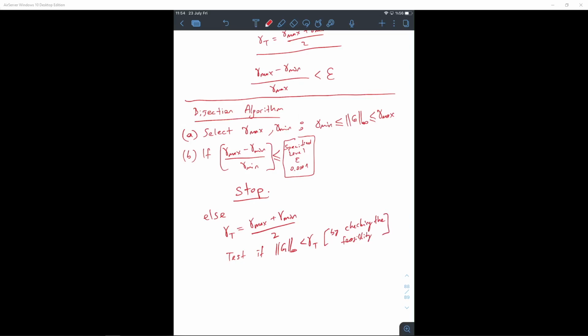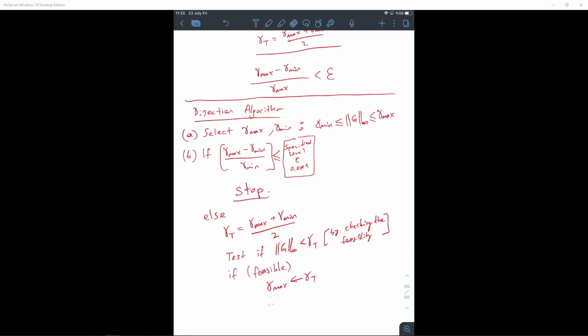If it's feasible, that means gamma t is an upper bound, so change gamma max to this gamma t and keep gamma min as is.